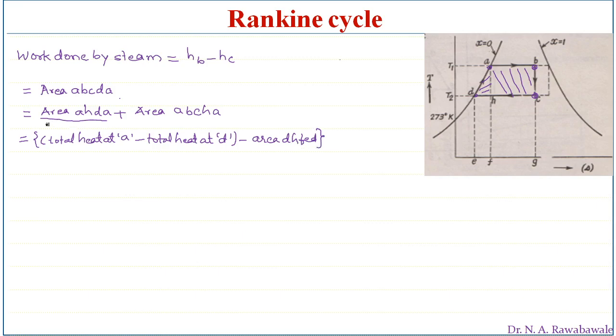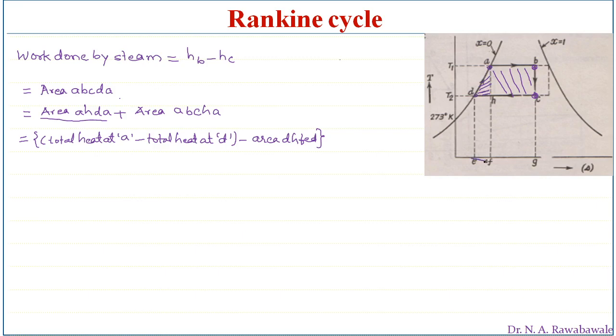First of all, we will discuss this. The area AHDA, this area of triangle, is again further split. Total heat at A minus total heat at D gives us the complete enthalpy, the complete heat from point A to EF.